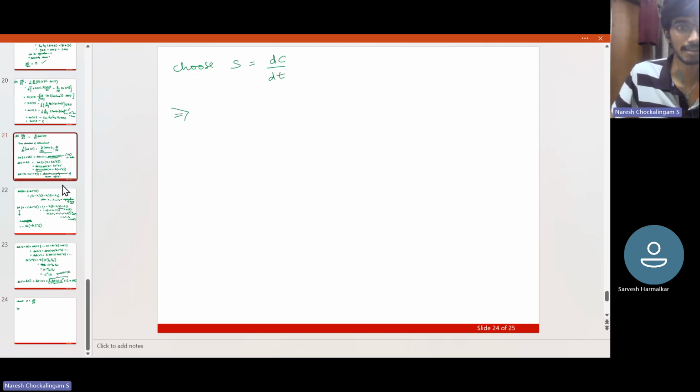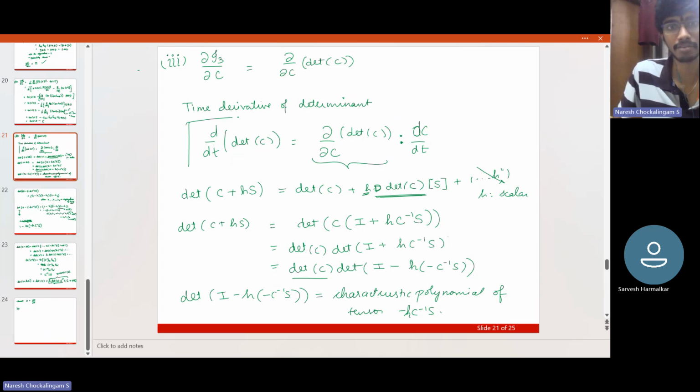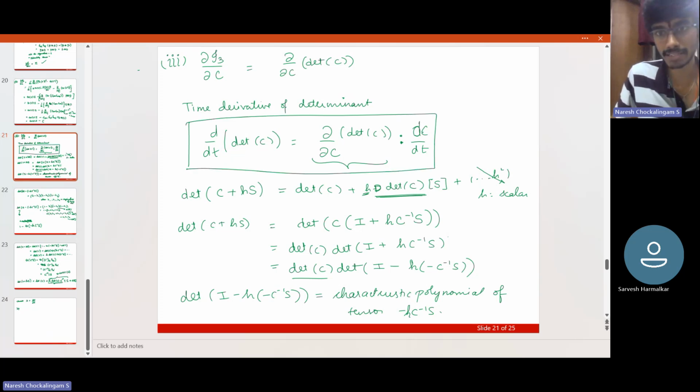Remember where we started? We started with the time derivative of the determinant, where we get dC by dt on the right hand side.